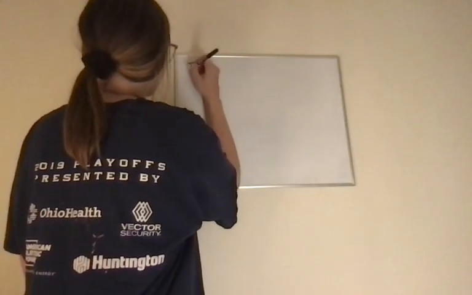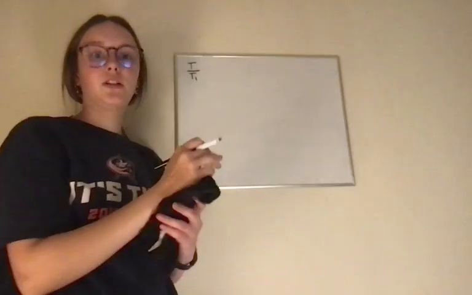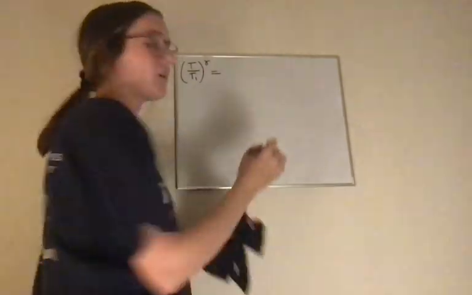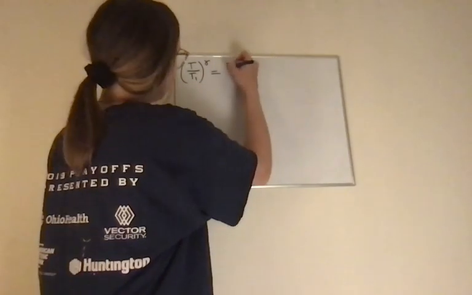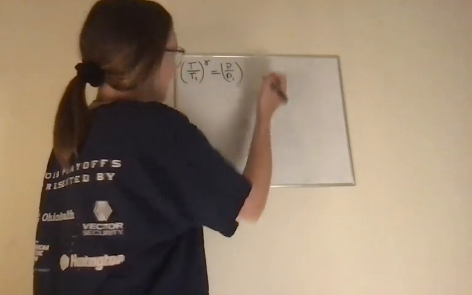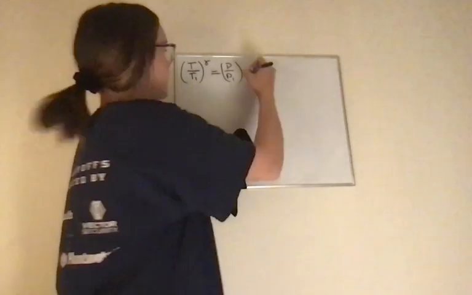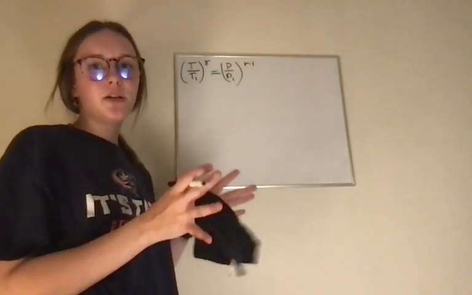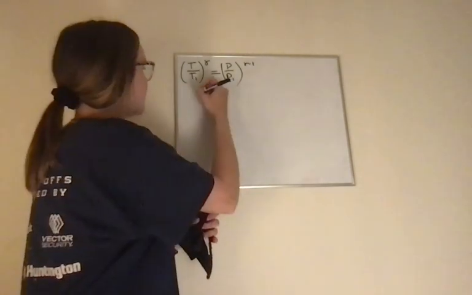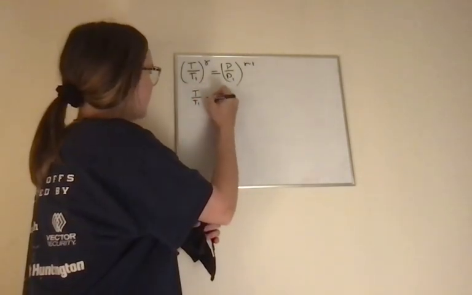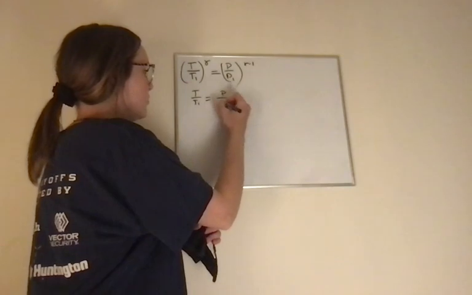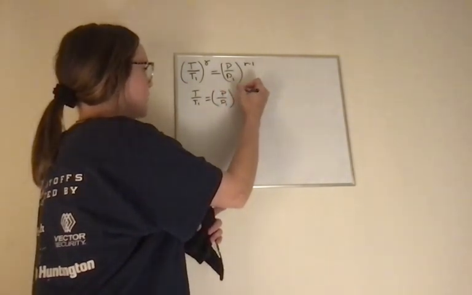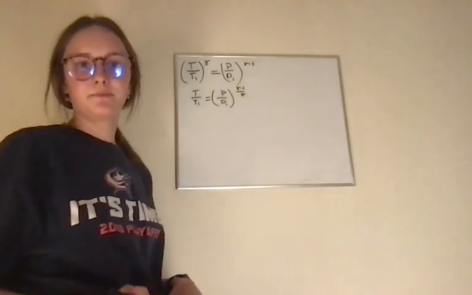So we're going to end up having T over T1, all of that to gamma, is equal to P over P1, and all of this is going to be to the gamma minus 1. And so we're going to use a little bit more properties of exponents, and we're going to get T over T1 is equal to P over P1, all of that to gamma minus 1 over gamma.